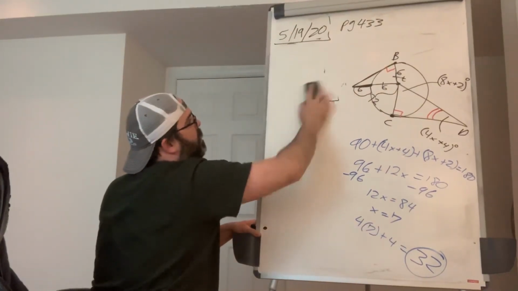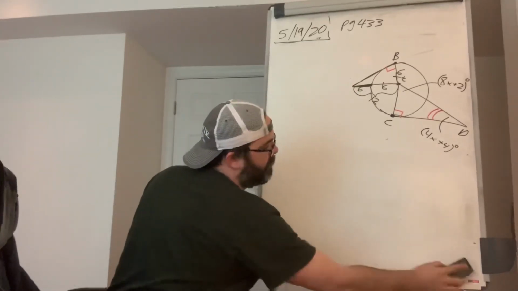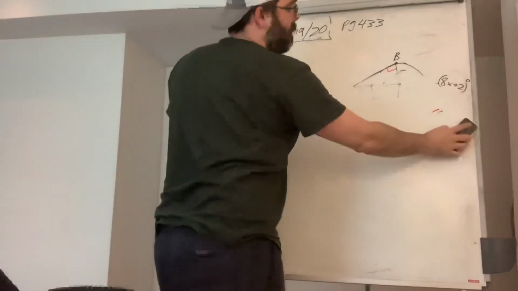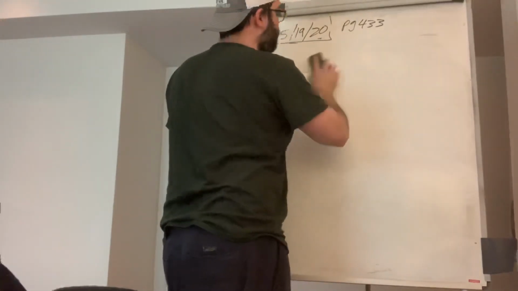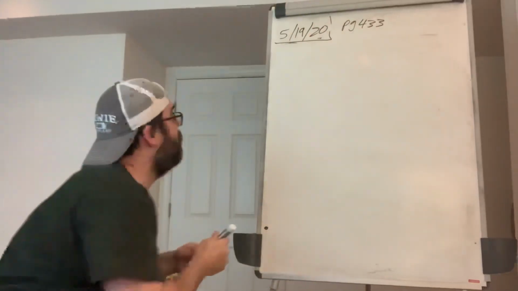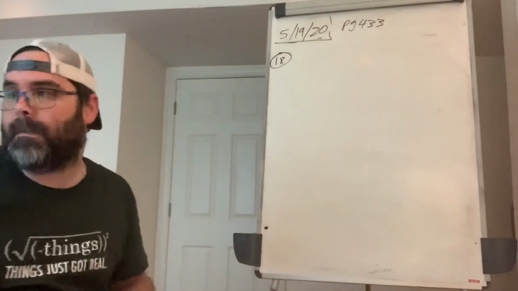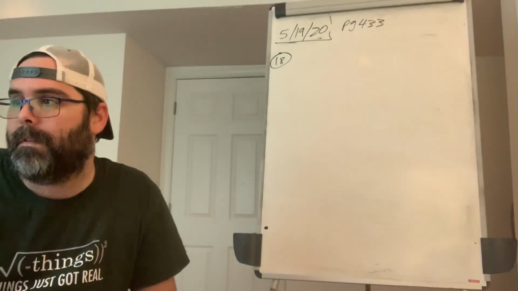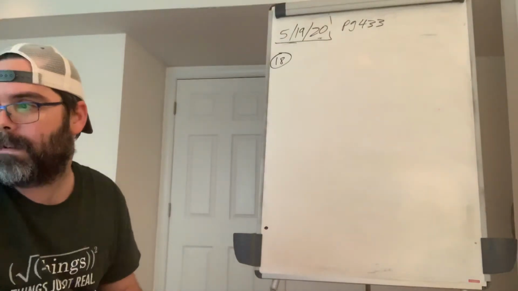That was 16 and the blue one was 17. So now we're going to go on to 18. All right. Number 18. We have a circle, center G.